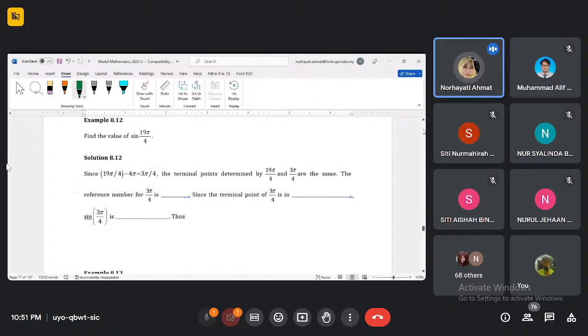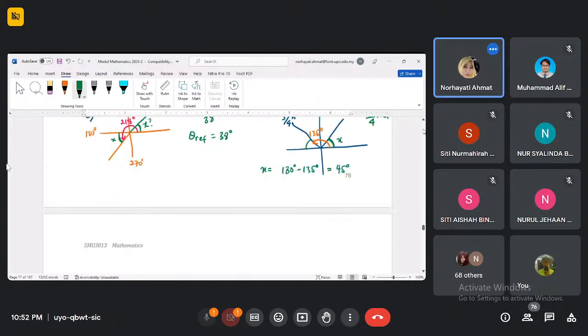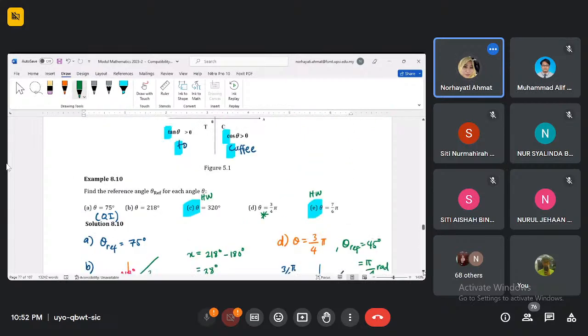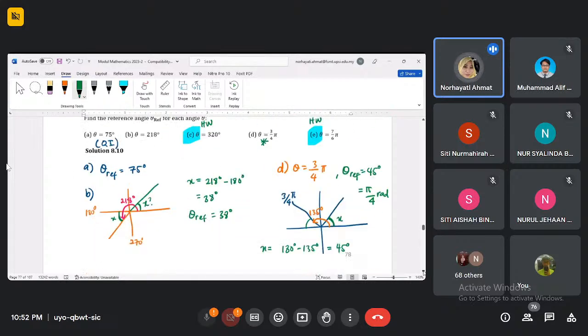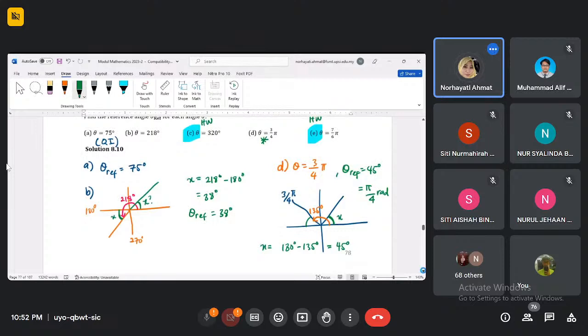Saya minta Hashim baca doa untuk kelas. Hashim baca doa untuk kelas, Hashim. Mana Hashim? Tak ada dah? Siapa nak baca doa? Alif ada urusan, Ustaz. Asyik ada urusan.